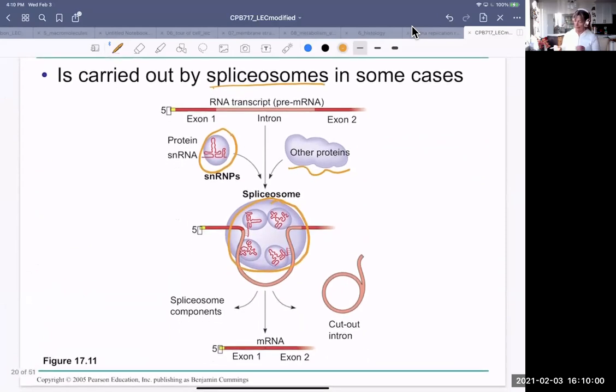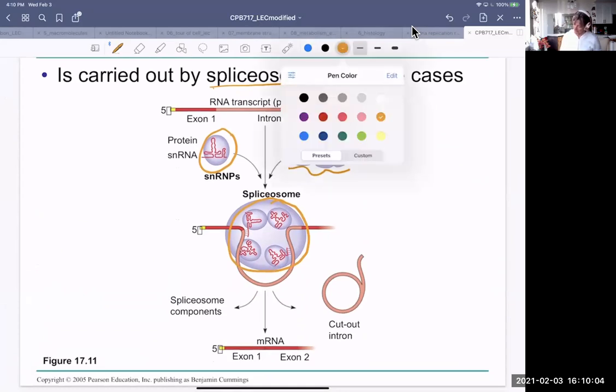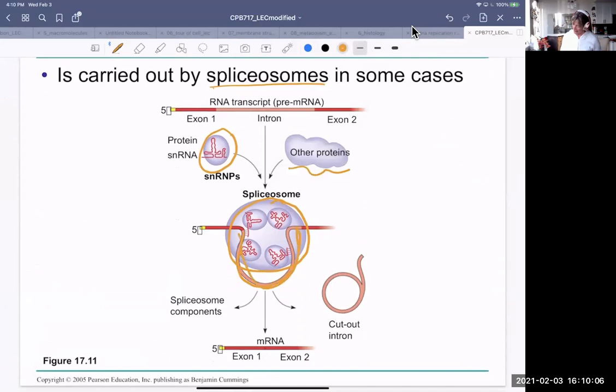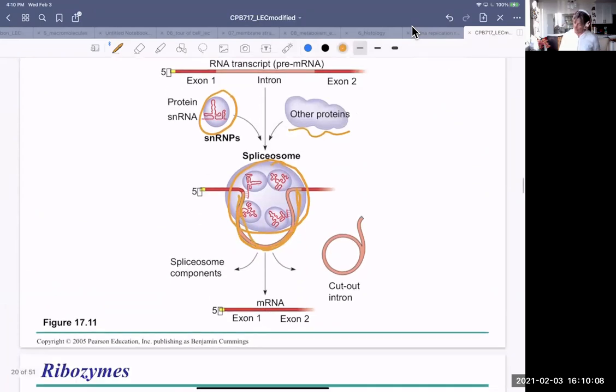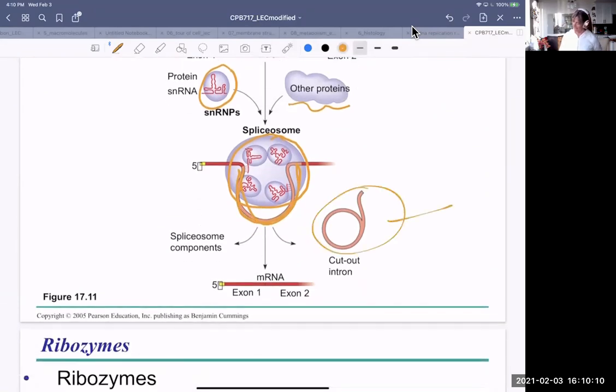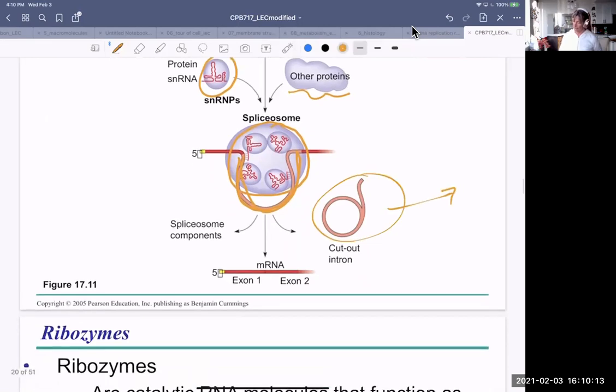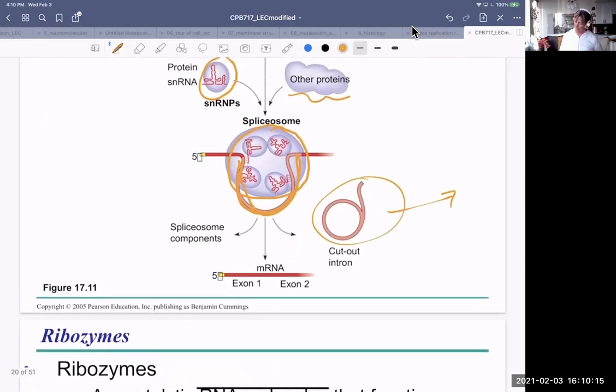And it literally cuts this piece out, so it just gets resorbed.